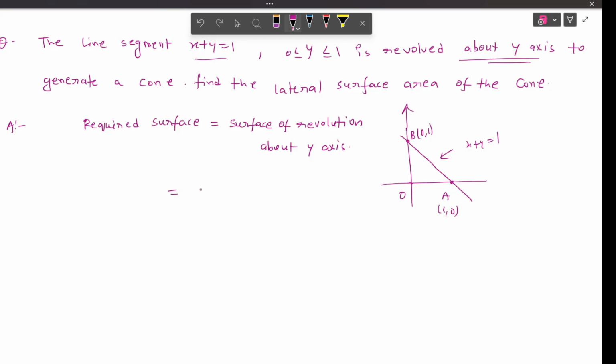So you know the formula: 2 pi integration, y is from 0 to 1, x square root of 1 plus dx by dy square into dy.